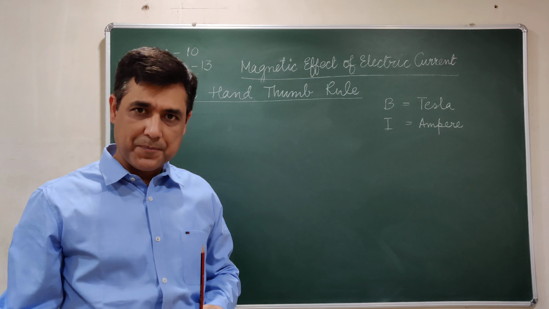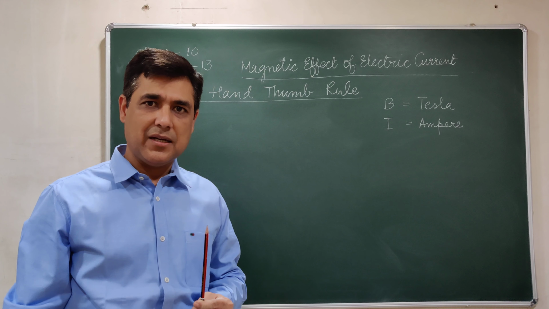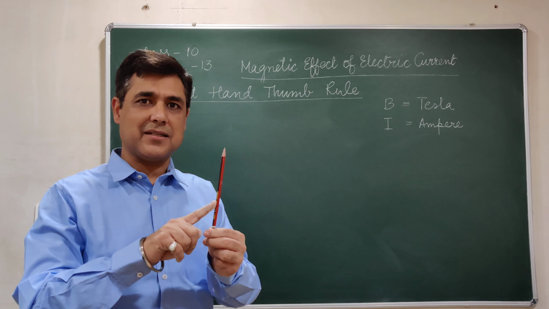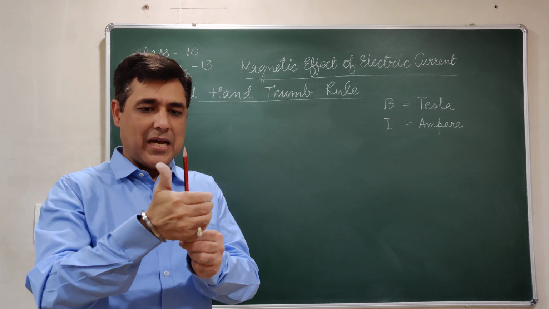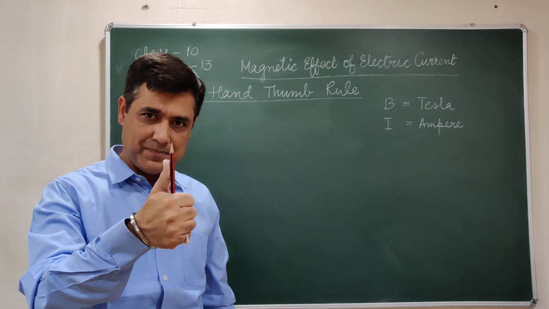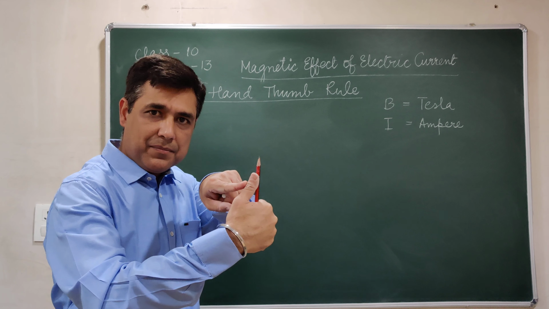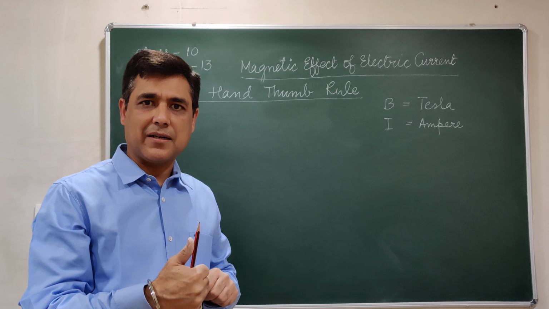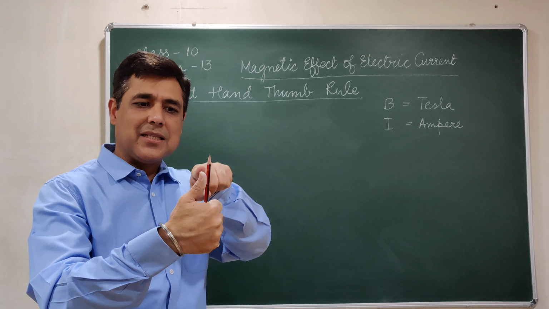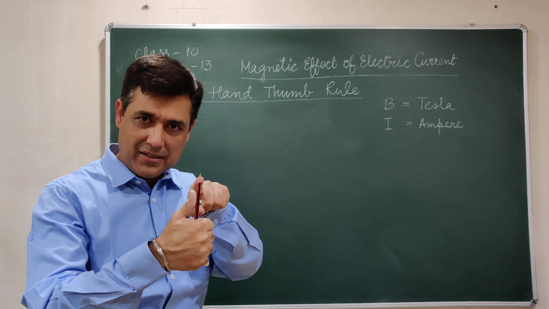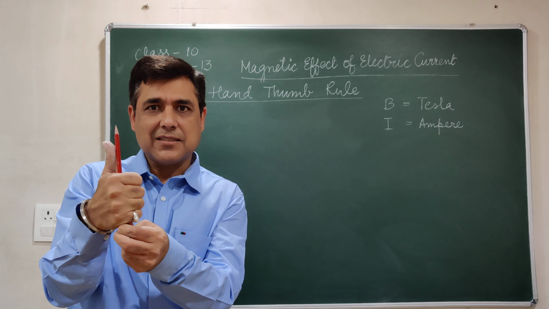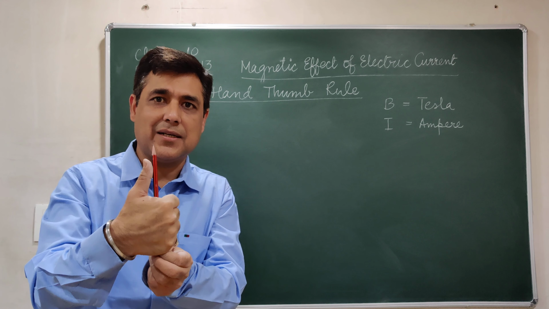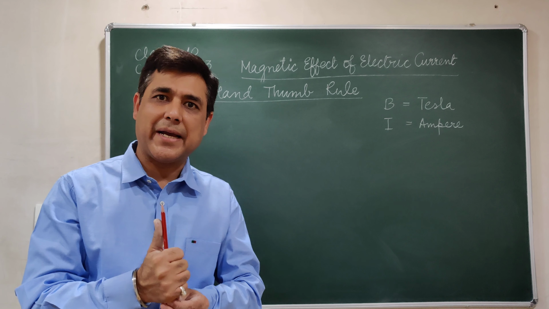So according to this rule, if you are holding a straight current carrying conductor in your right hand, such that the thumb represents the direction of electric current, then the fingers wrapped around the conductor will represent the direction of the magnetic field.